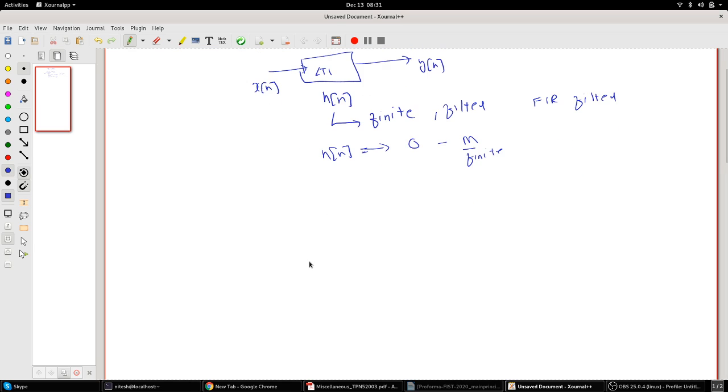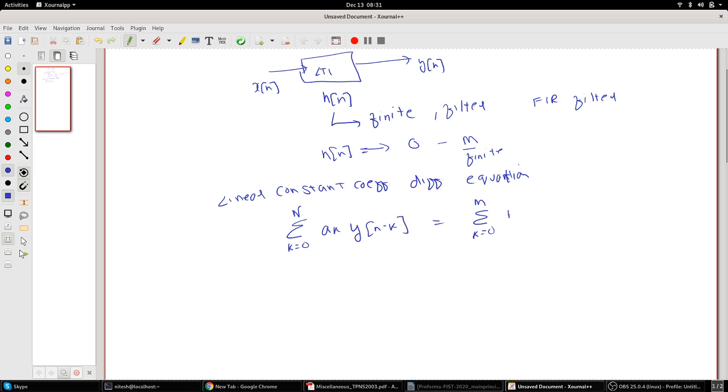Okay, so now coming back to the difference equation, we had a linear constant coefficient difference equation, right? We had already studied that constant coefficient difference equation, which was given as summation k equal to 0 to n ak y of n minus k equal to summation k equal to 0 to m bk x of n minus k.